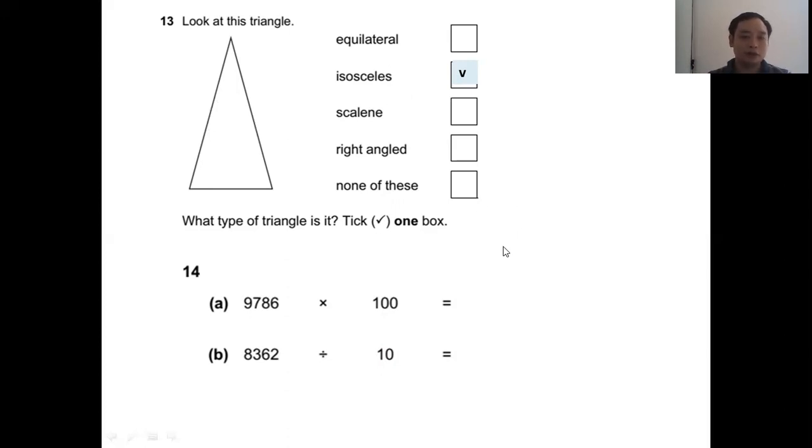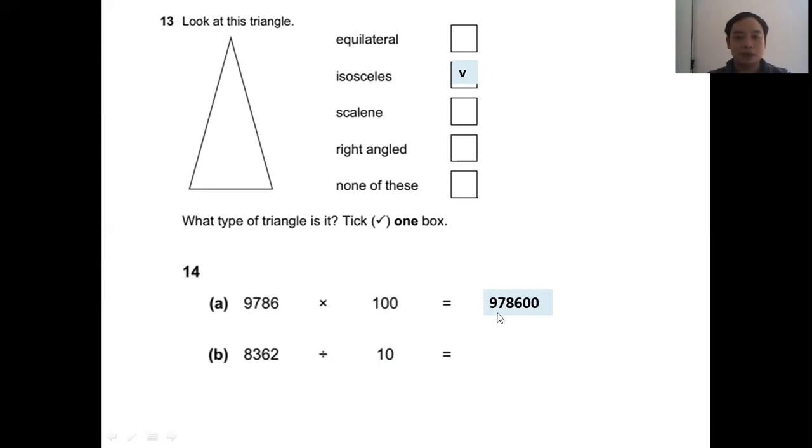Question 14. A. 9,786 multiplied by 100. B. 8,362 divided by 10. So for A, when you multiply by 100, you just need to add the 2 zeros at the back.